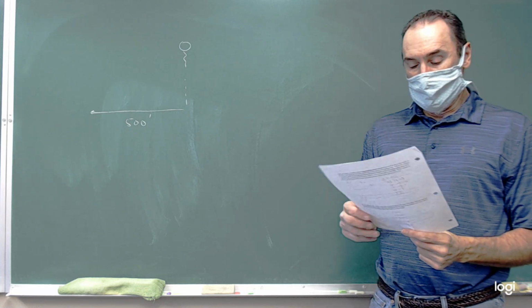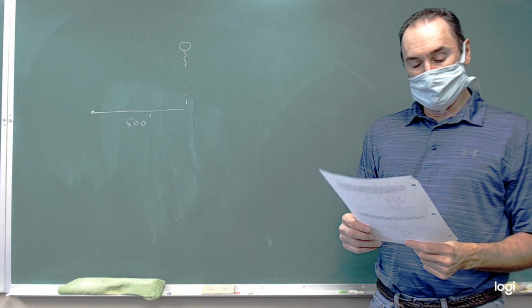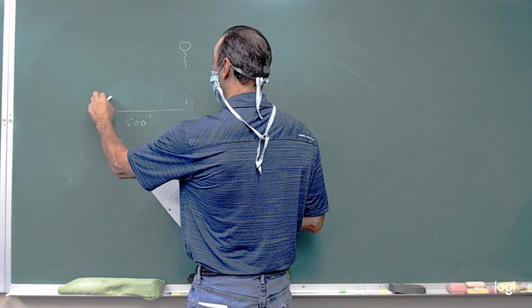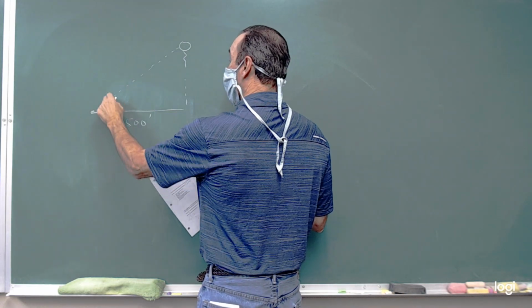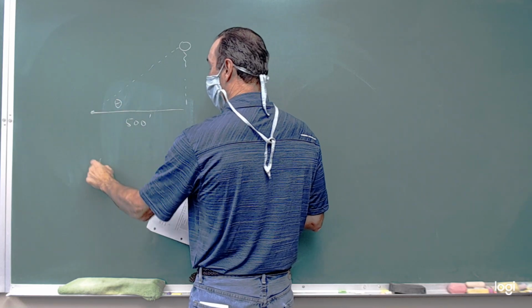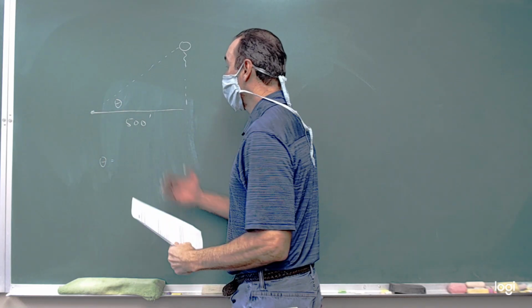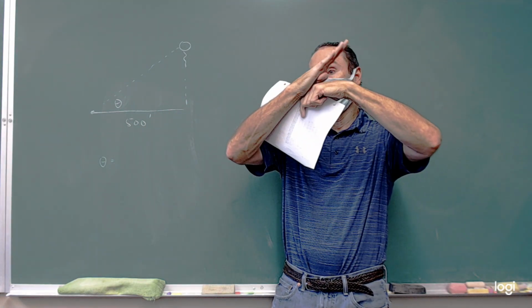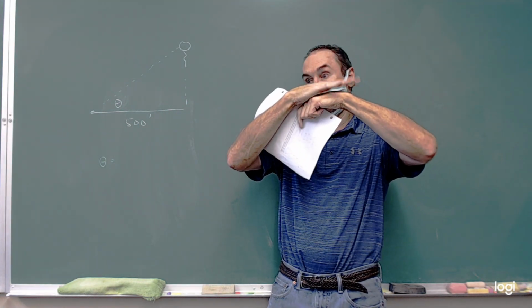At the moment, the rangefinder's elevation angle is pi over 4. So this thing that's measuring the angle, I'm going to call it theta. We know that as that balloon rises, that angle theta is changing with time, so it's a function of time.